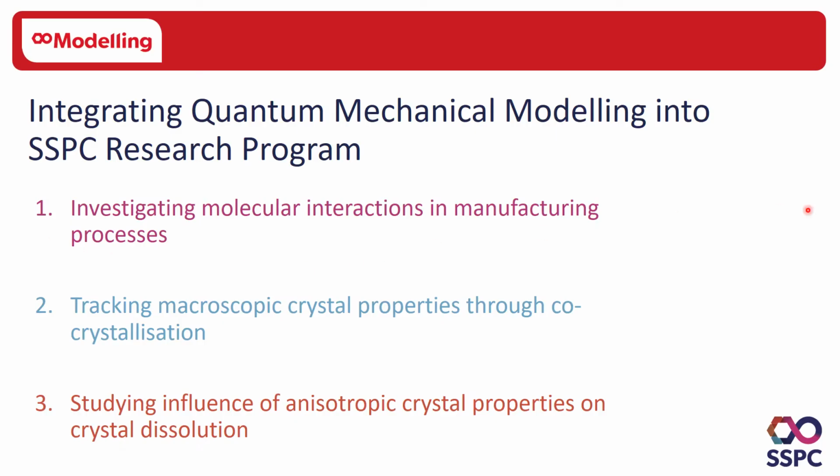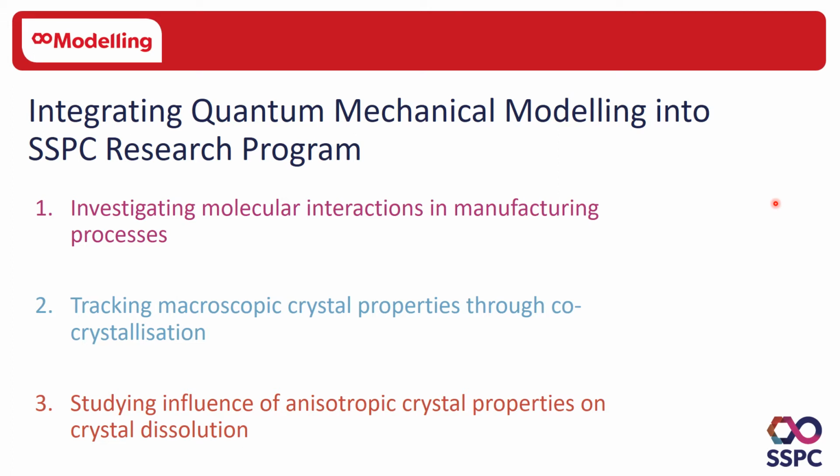So how can we integrate these quantum mechanical models into what SSPC does? What we've developed over the past year is three key areas where we feel that we can do this, and these are the three sections of the webinar today.